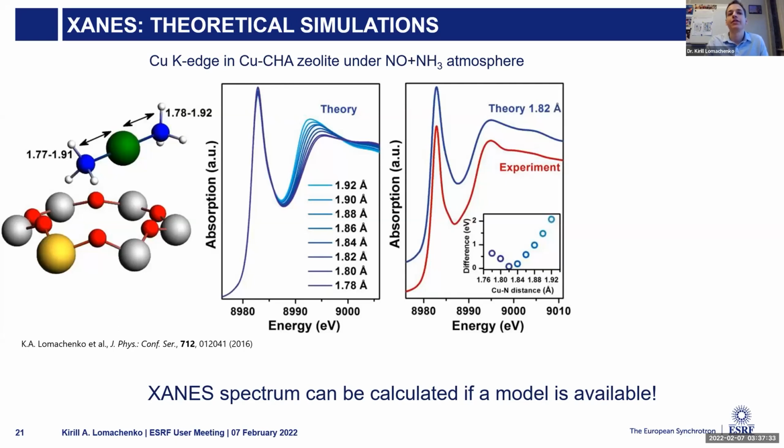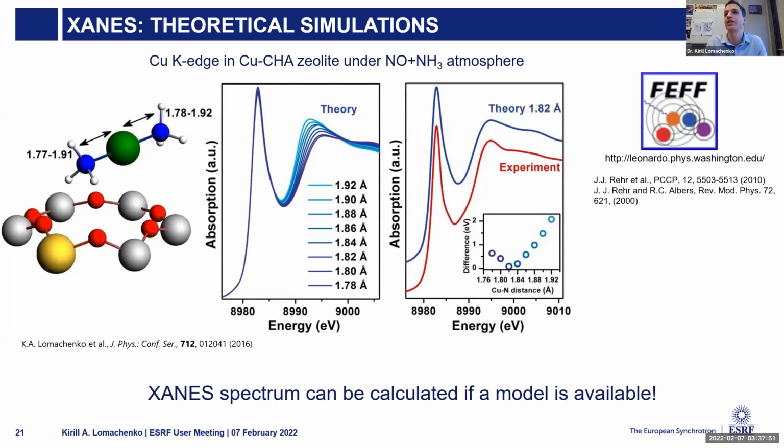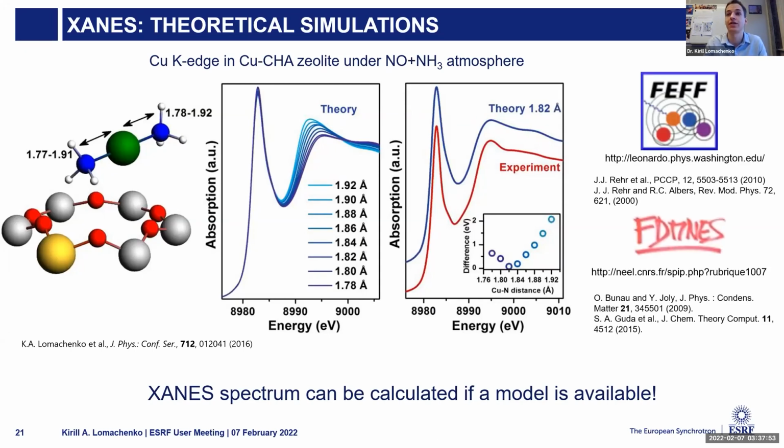But here the difficulty is, first, that to calculate the XANES spectrum, we need to have a preliminary model that you can obtain either from DFT or from diffraction, from any other input data that you can have. So you need to have the coordinates of atoms. And then the other thing is that calculating XANES is not an easy thing.